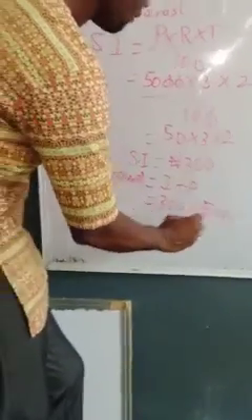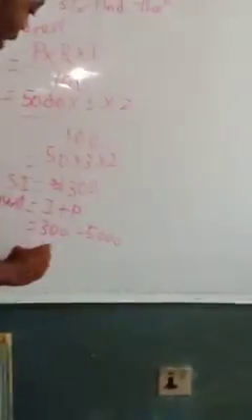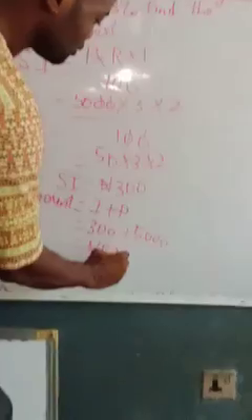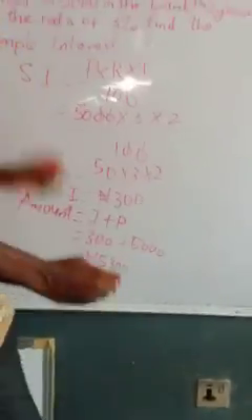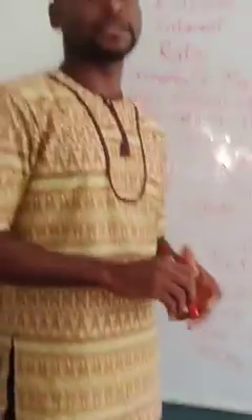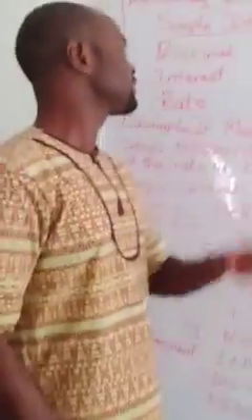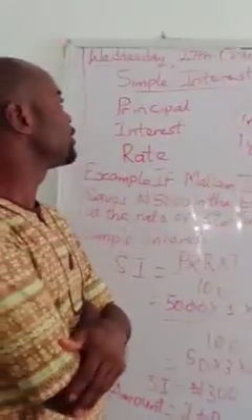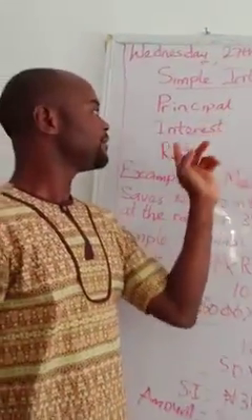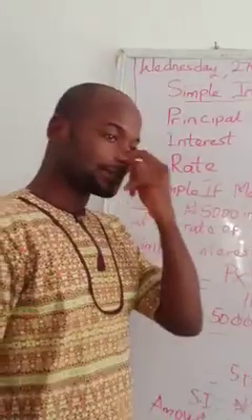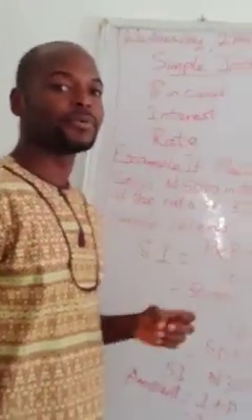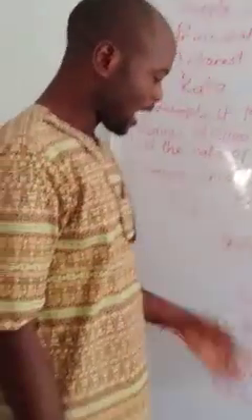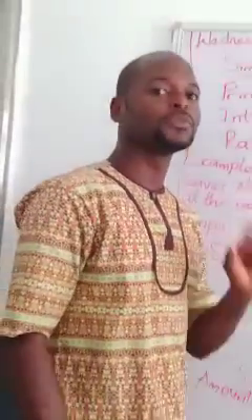So the amount of money that the malam will have in the bank will be 5,300 naira. Is that understood? So that is how to find simple interest. Don't forget the items that are inside simple interest: the principal, the interest, the rate, and how the example goes.